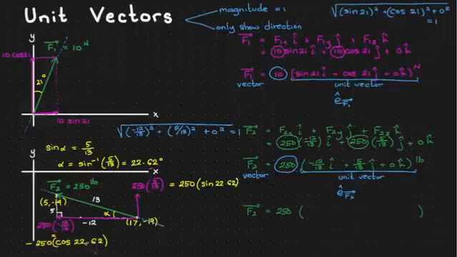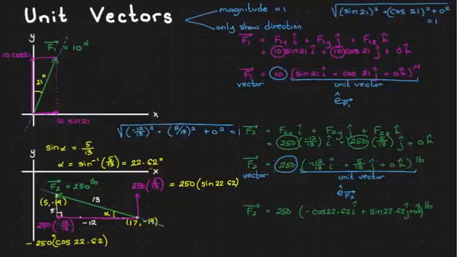So therefore the x component will be negative cosine of 22.62, and I'll have to associate that with the i hat. And then the y component of F2 would have to be multiplied by 250 multiplied by sine of 22.62, and I'll have to associate that with the j hat plus 0 k hat. And of course this is in pounds.